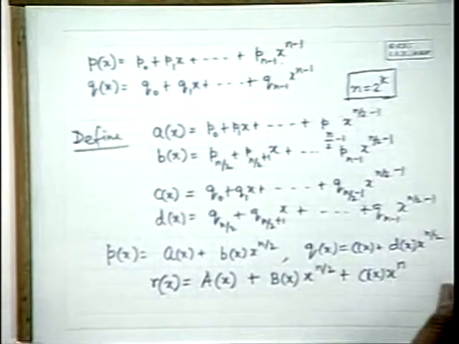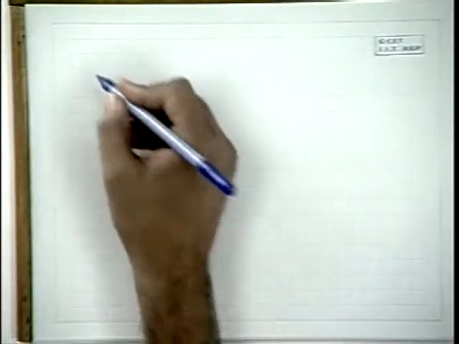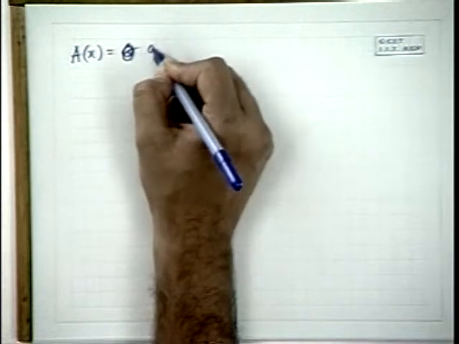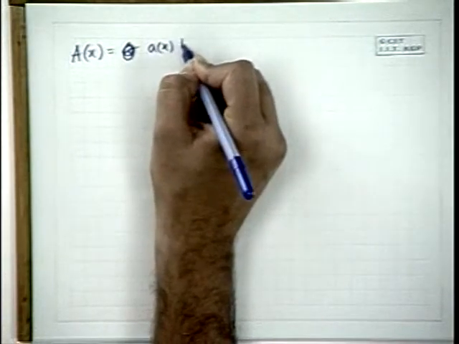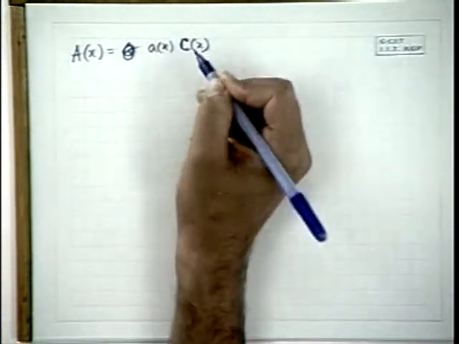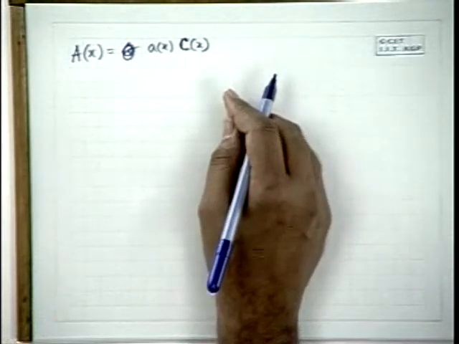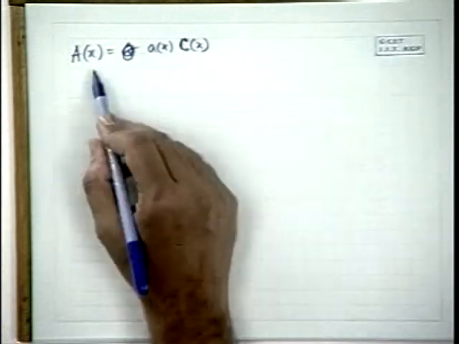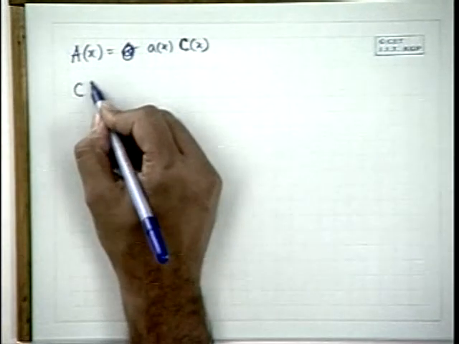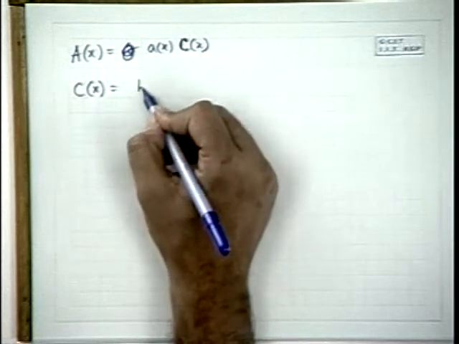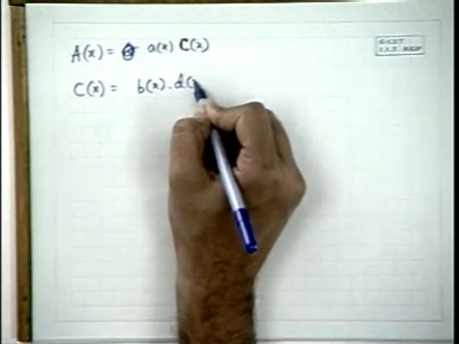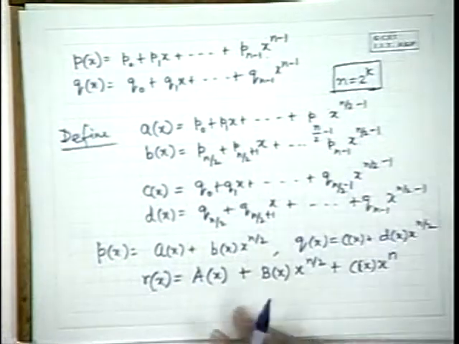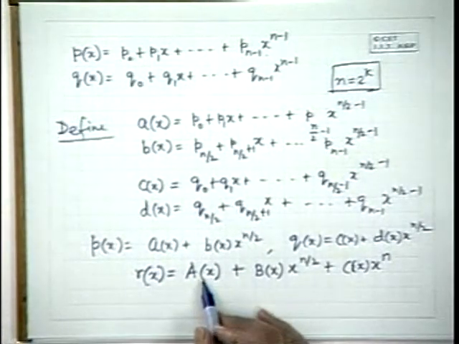Let me define ab x, then it will be clear what it is. So ax is nothing but ax times cx. We have already defined ax and cx. Similarly, cx is nothing but bx times dx. Actually, what I just told you is not right. So I cannot say that ax has power less than or equal to x to the n over 2.